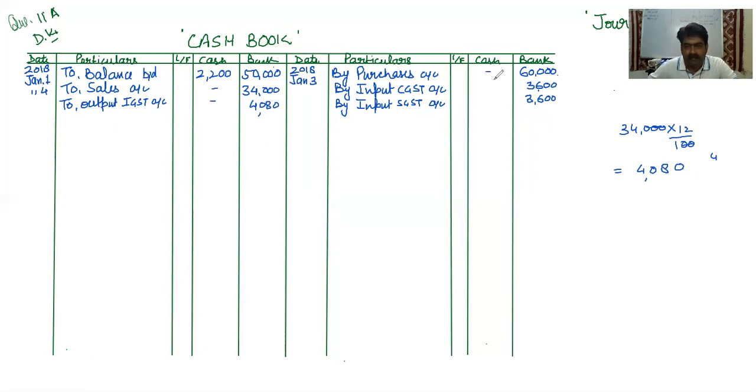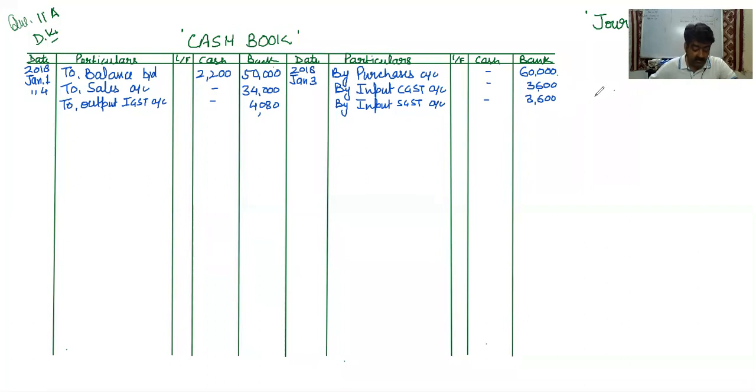Okay. Now see next point. See next point is received a cheque from Naresh. See, simply we are receiving this cheque from Naresh and we are not depositing this cheque into our bank.